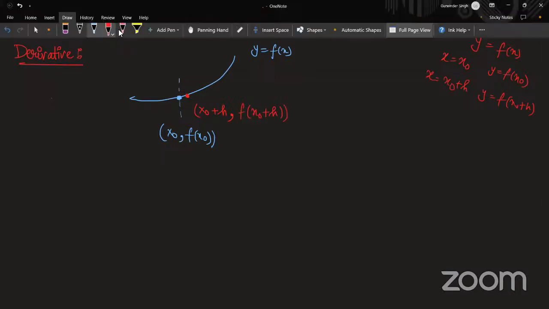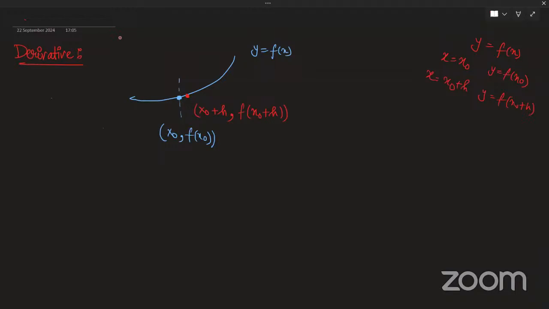Now my h is a really small value. h is tending to 0. We have discussed this in the earlier classes, when we were teaching the syllabus common to both JEE and NEET students, that if h is tending to 0 and both of these points are really close to each other, I assume that the line passing through both of these points is a tangent to this curve.